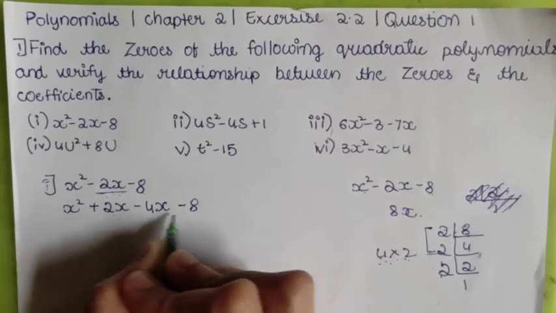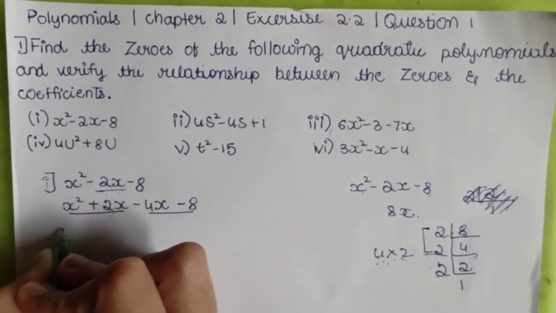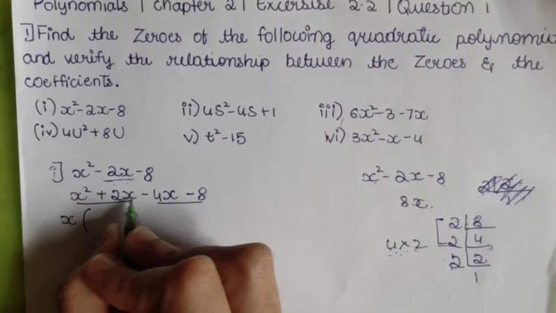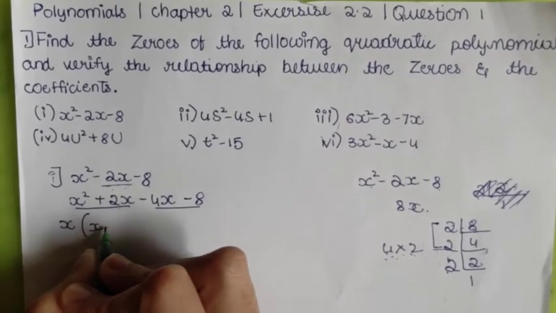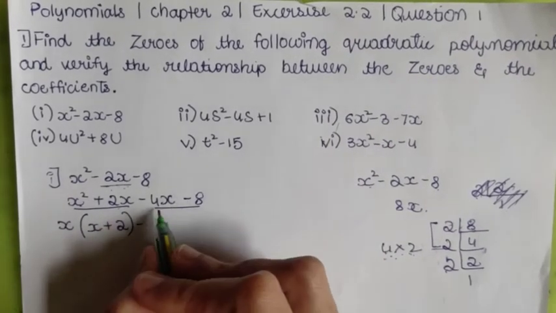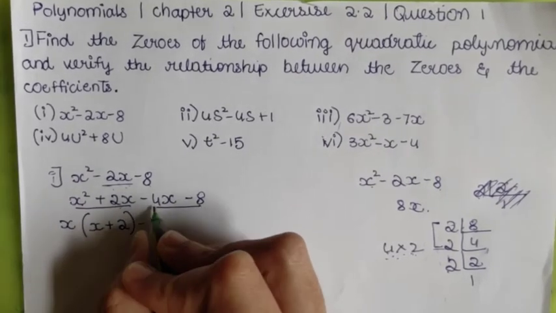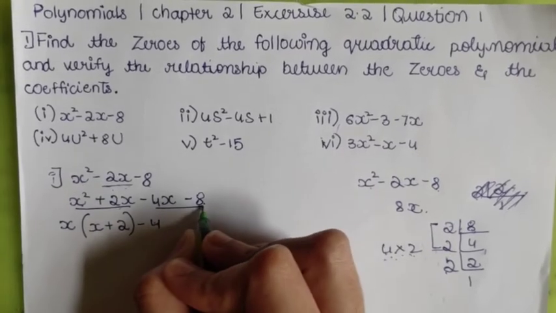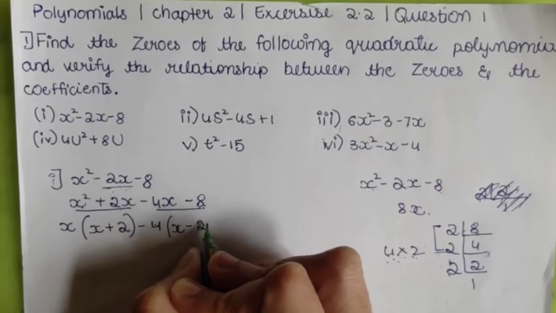So first we take the common x. Then one x will come and one will remain, so x plus 2. Here, what can we take common? We can take common 4, since 4 comes in the 4 table and also in the 8 table, so x minus 2.